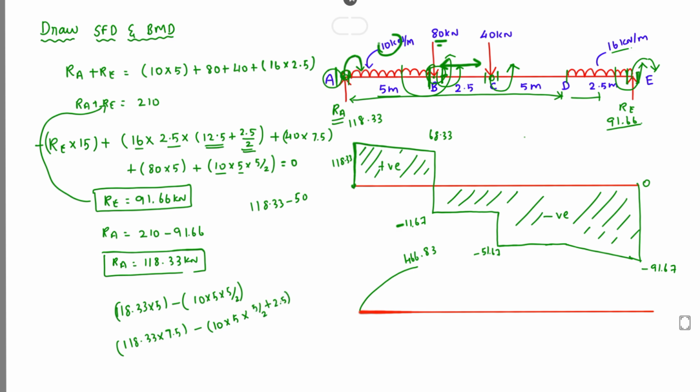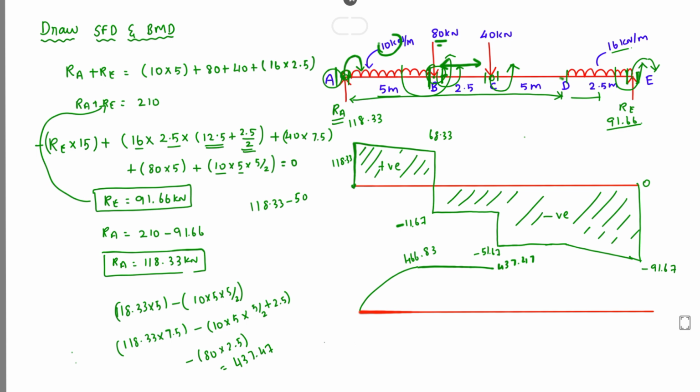Okay, so this is a 2.5 distance. Again minus 80 kilonewton into 2.5. Solving this we got the value of 437.47. Okay, so at the C point we have 437.47.